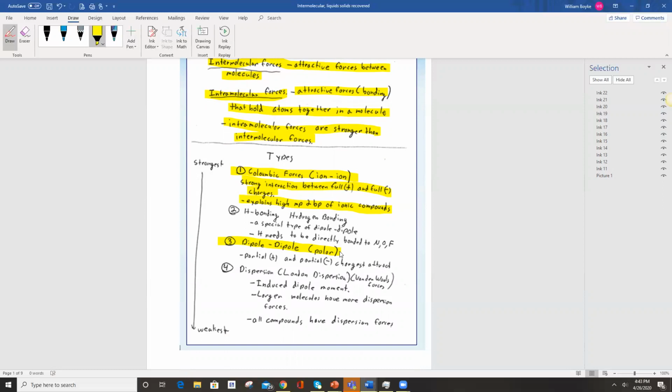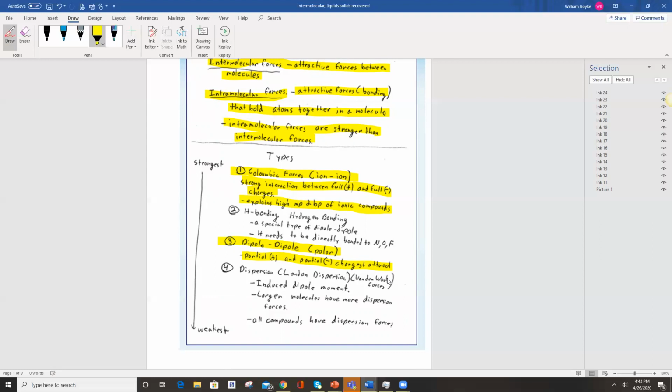And what ends up happening in an intermolecular manner is that the partial positive from one molecule is attracted to the partial negative end of another molecule. So positives and negatives are still attracted to each other between molecules. It's just that these are much weaker than Coulombic forces.